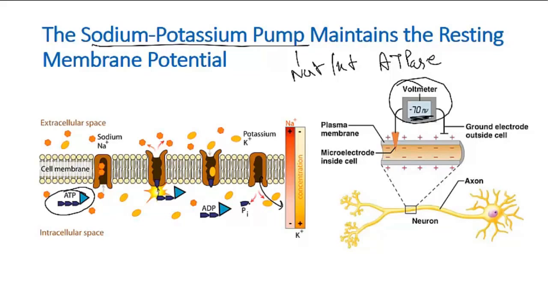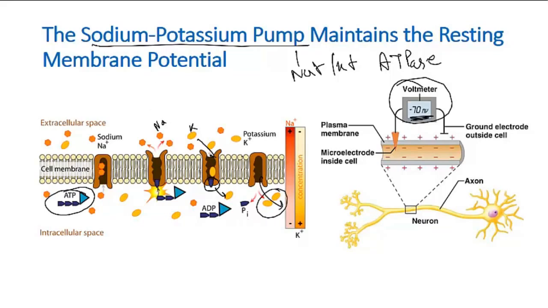So first the ATP attachment caused the structural shift that caused the sodium to move out. Then the second one, once potassium attached, you see yellow is the potassium and sodium is denoted with this red one. So once potassium is attached, they undergo another structural shift. The phosphate group is released, and that will cause the movement of potassium inside.